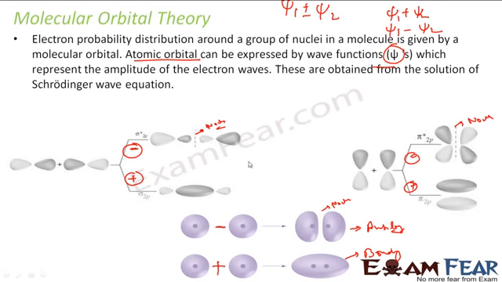Anti-bonding has higher energy and is unstable, and these are bonding. This is also a bonding molecular orbital, and this is an anti-bonding MO. Correct? This is how it looks.